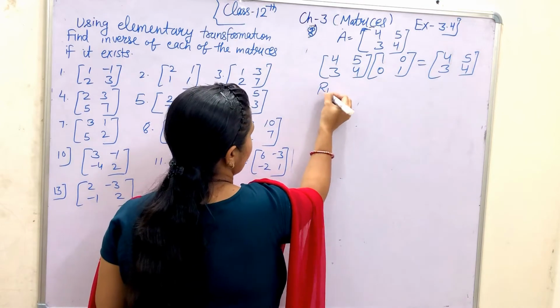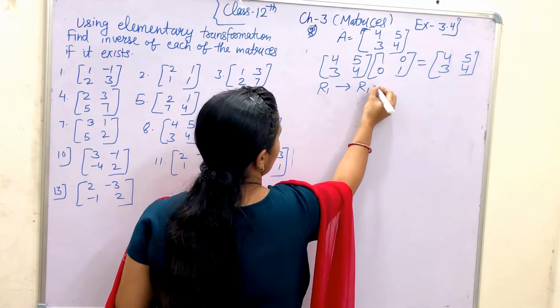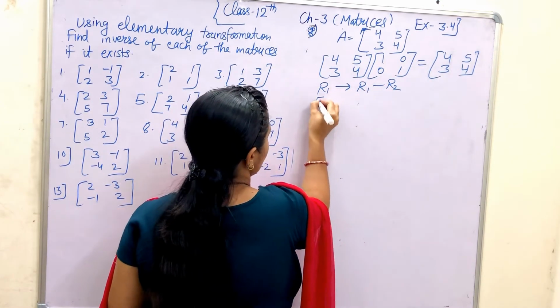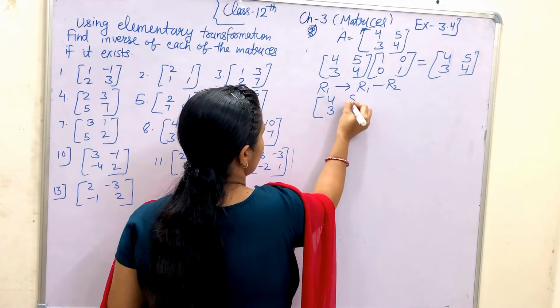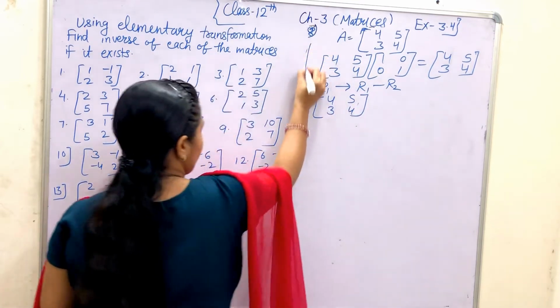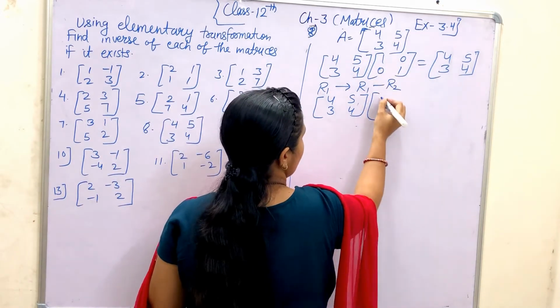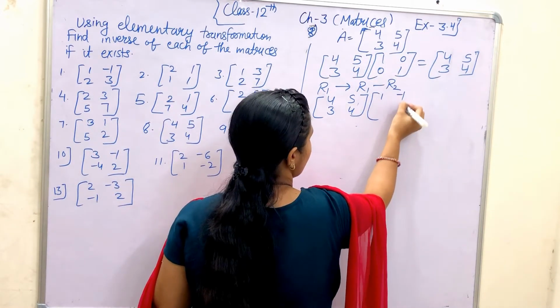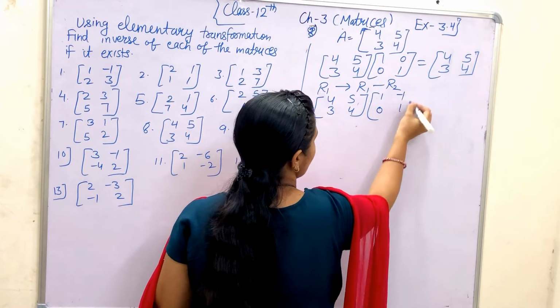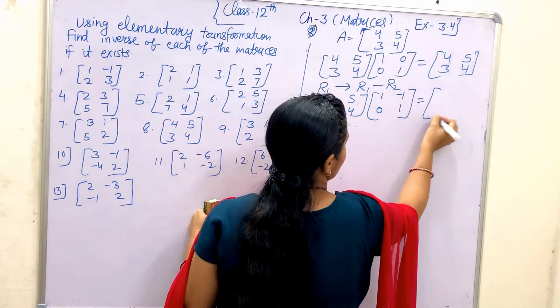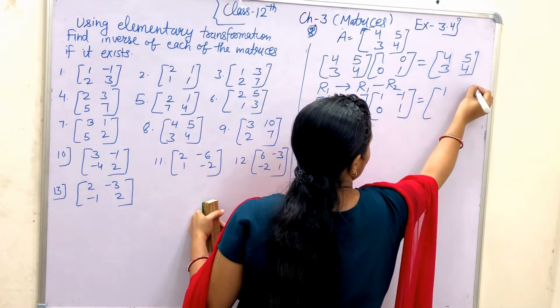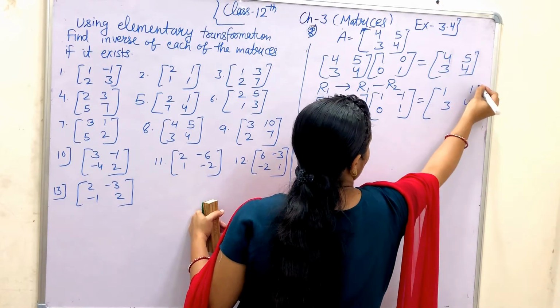Now R1 minus R2. We get here 4, 3, 5, 4. R1 minus R2, 1, 0, minus 1, minus 1, 0, 1. Here we get 1, 5 minus 4, 1, 3 and 4.